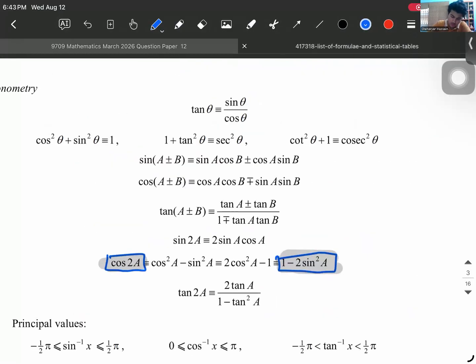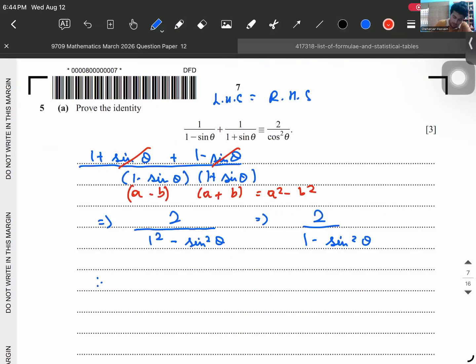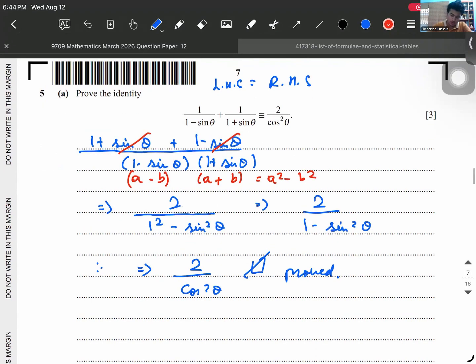Oh, not this one, sorry, my bad. We are going to use the equation that is over here. If we make it the subject, cos square theta equals 1 minus sine square theta, which is exactly what we have. So therefore, the final answer becomes 2 upon cos square theta. Hence, this is proved.